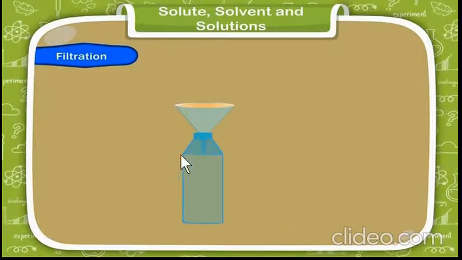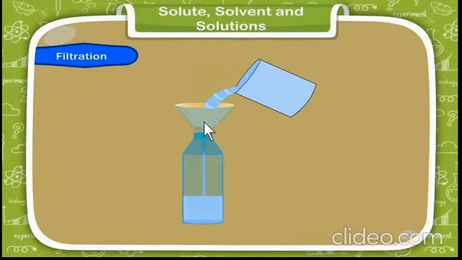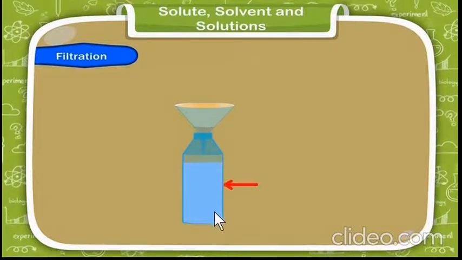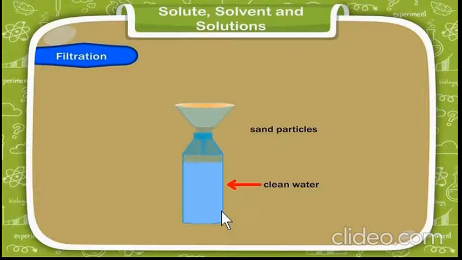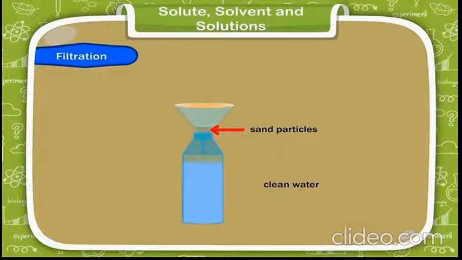The sand will remain in the filter paper, and all the water we can receive in a beaker or a glass. So all the particles of sand will be there in the filter paper. These particles are called residue, which are trapped in the filter paper, and this clean water is called filtrate.